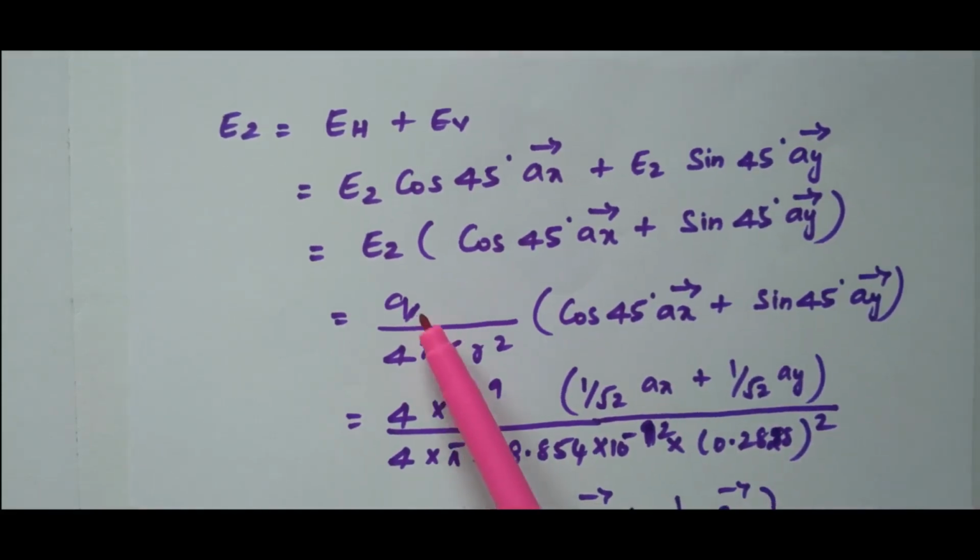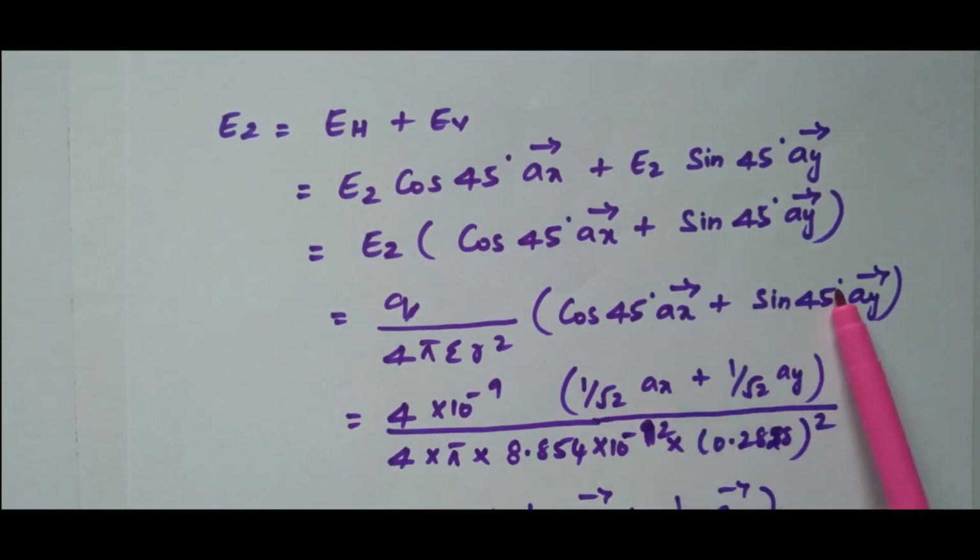Now we'll substitute the values. The Q is 4 into 10 to the power minus 9. Cos 45 is 1 by root 2 into AX, and sin 45 is also 1 by root 2 into AY. In the denominator, 4 into pi into epsilon naught, 8.854 into 10 to the power minus 12, into r, the value we calculated, 0.2828 square.